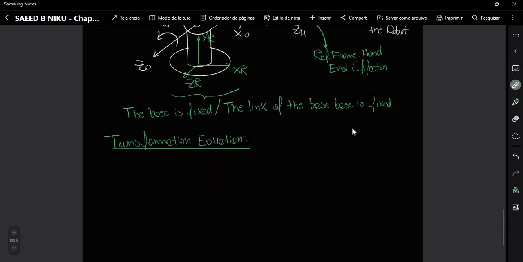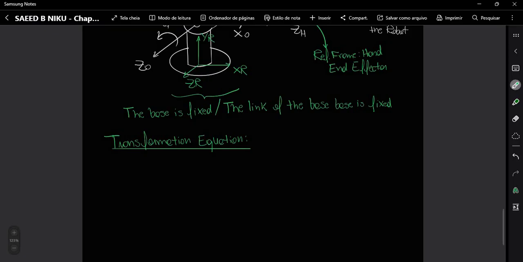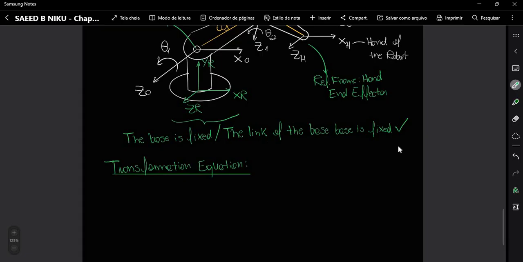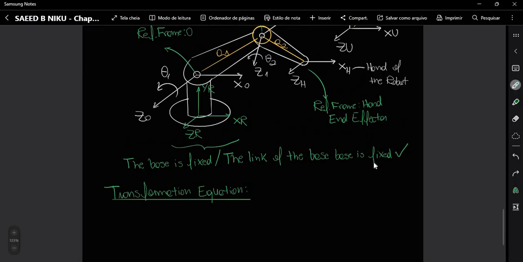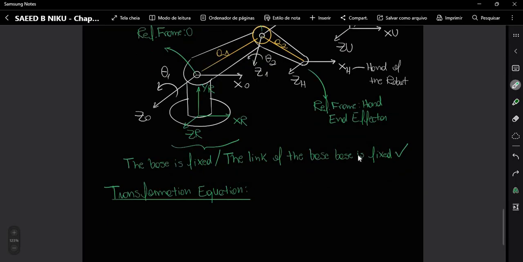As I'm writing right here, if the base is fixed and also the link is fixed, generally we would write that this total transformation is a transformation of the end effector, the frame H, in relation to the frame R. But as R is the frame that is fixed and doesn't have any motion, it won't count in this transformation equation.